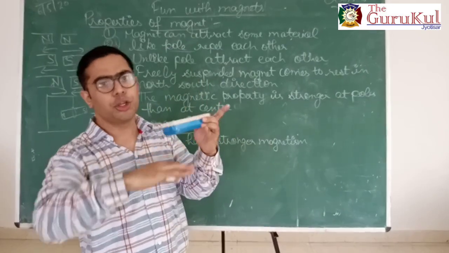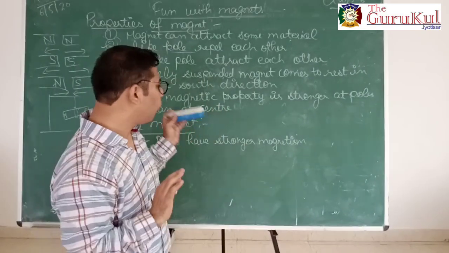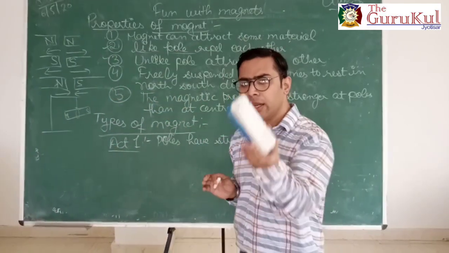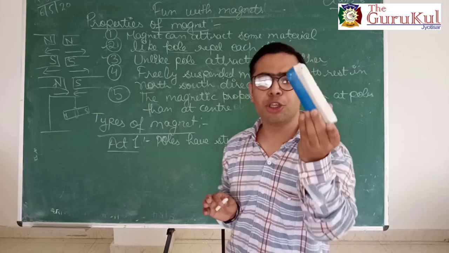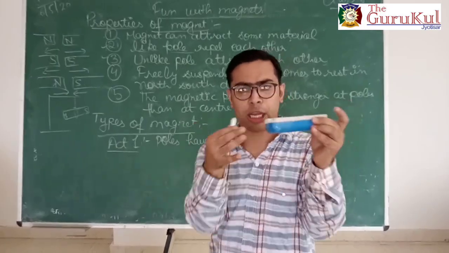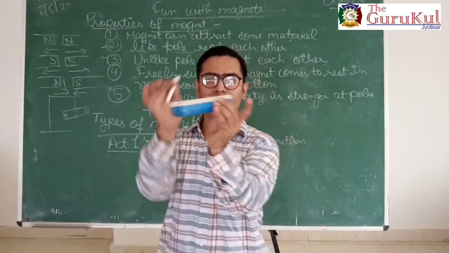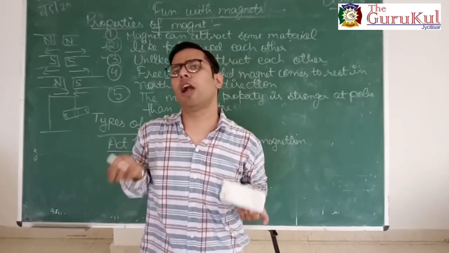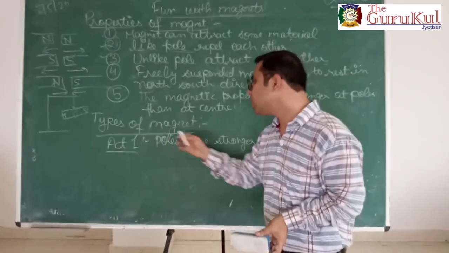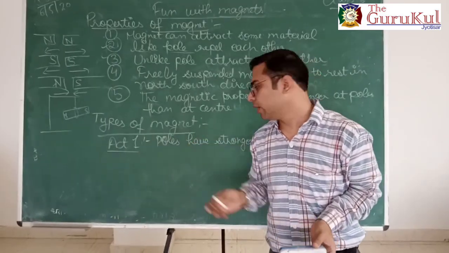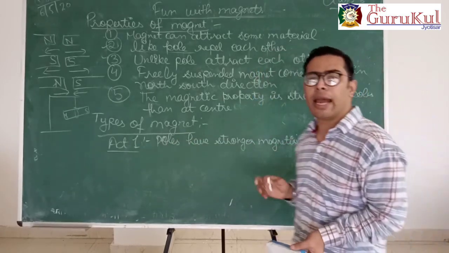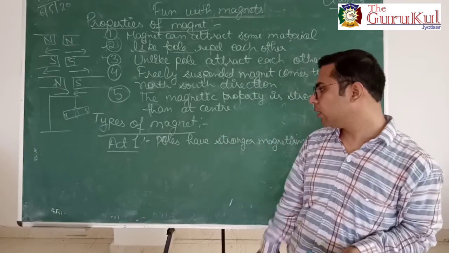Now bring some iron springs or iron nails near this magnet, and you will notice that the iron nails are able to stick properly at this end and at this end, while they are not able to attach at any other point of the magnet. So this proves that the magnetic power is much stronger at the poles than at any other point on the magnet.